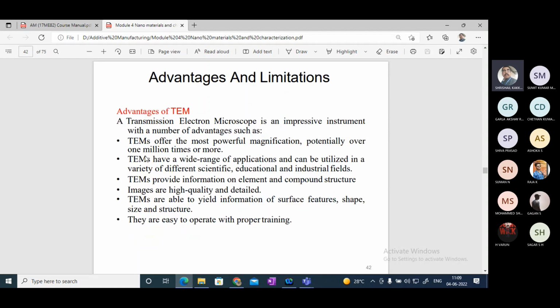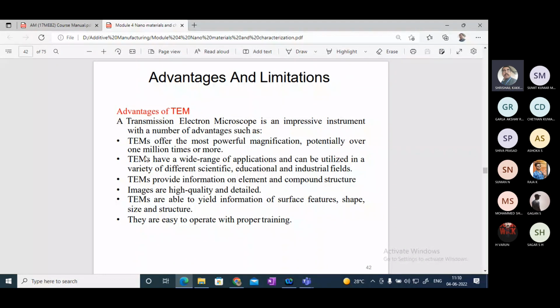You can see that. Now let me go through the advantages and limitations of using the transmission electron microscope. It is more powerful and has more potential. You can see that it has a magnification factor of even more than 1 million times, which we cannot imagine.